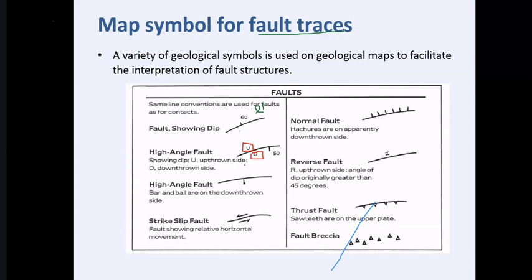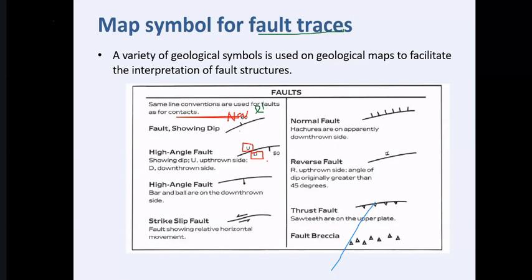And when you see this sort of thing, this tick mark here tells us where the fault is dipping towards. So it's saying this fault, for instance, is dipping towards the northwest, 60 degrees.